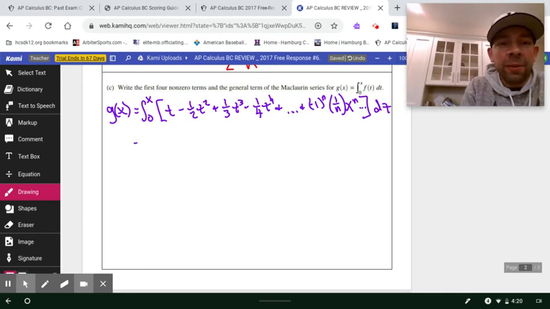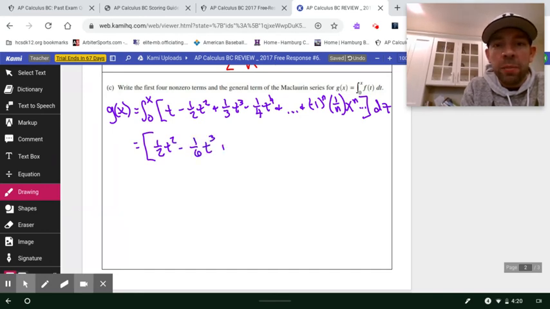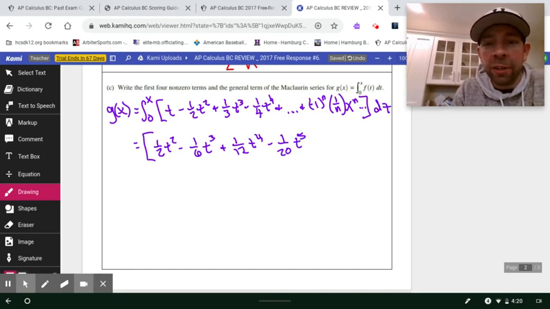Okay, so let's integrate this. We're going to get 1/2 t squared minus 1/6 t cubed plus 1/12 t to the 4th minus 1/20 t to the 5th. So just using some real basic integration there with the power rule. Now here's where it's easy to get hung up on this general term.